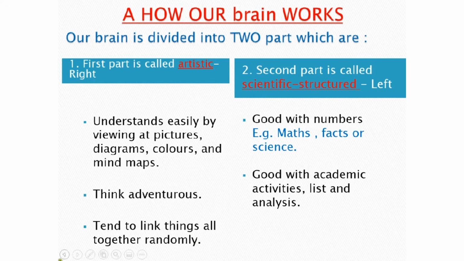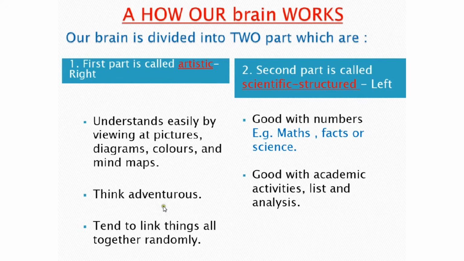Now, looking at the second part of our brain, which is on the left-hand side, this part of our brain is called the scientific or structured part. It is that part of our brain that is good with numbers, anything relating to numbers, like in math or in accounting.